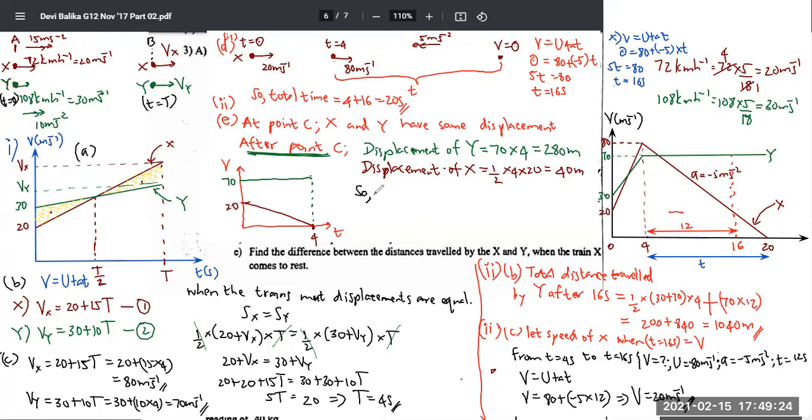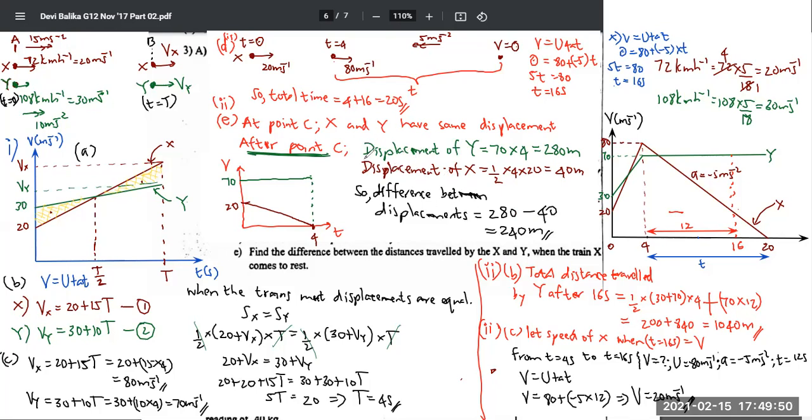So the difference between distances, the difference between displacements, you just have to subtract: 280 minus 40, final answer 240 meters. In my opinion, this is the easiest approach, less messy.